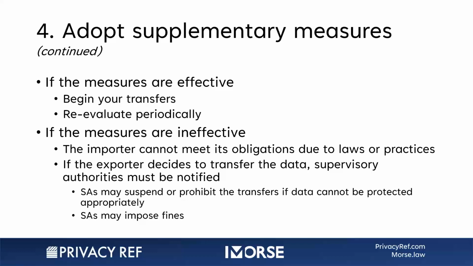And if they do decide to transfer the data, they need to notify supervisory authorities. The supervisory authorities may take some action. They may suspend or prohibit the transfers if the data can't be protected properly, or they may impose fines. And as you know, those fines can be very expensive.